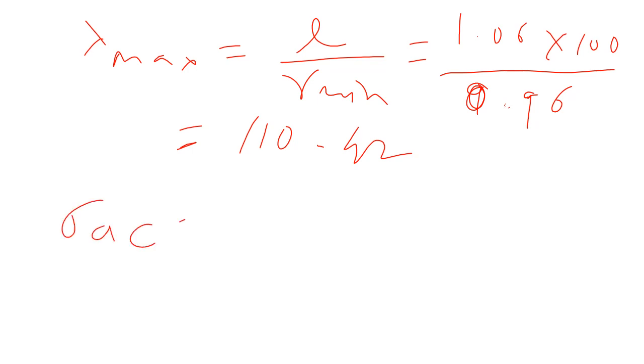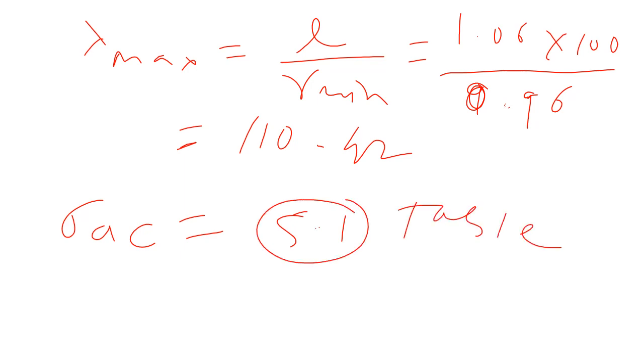Once we have the lambda max, our job is to find the permissible compression stress from table 5.1. So interpolate for the values between 110 and 120. Our value for lambda max is 110.42.